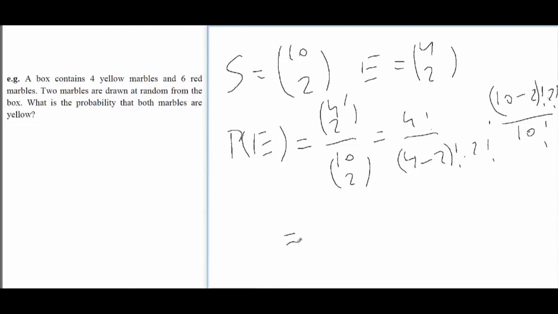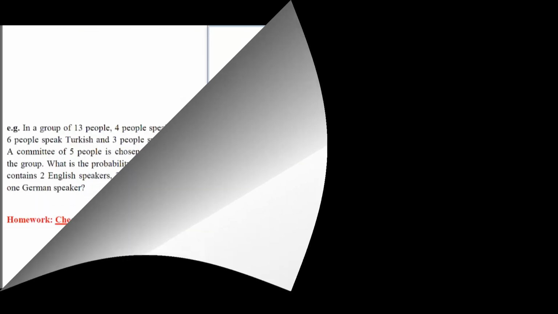Because combination of 2 from 10 is 10 factorial over (10 minus 2) factorial times 2 factorial, and as it's in the denominator, we take its reciprocal and multiply it by the numerator. If we multiply and calculate, we get 2 over 15. So the probability that both marbles are yellow is 2 over 15.